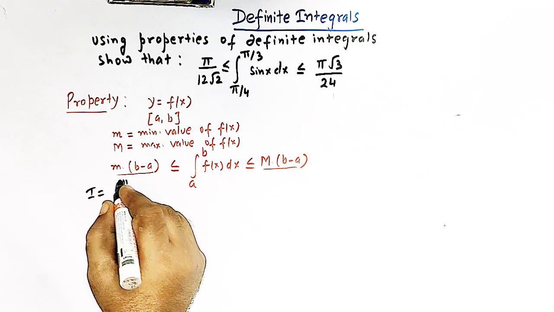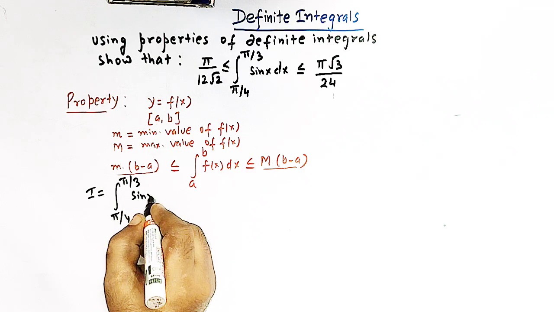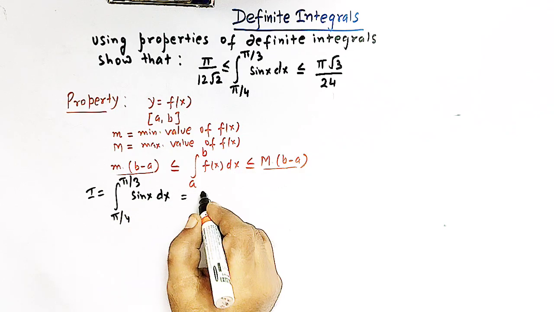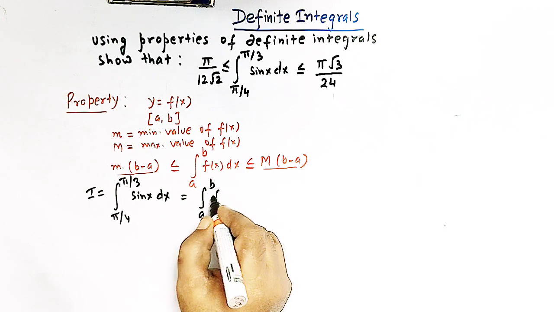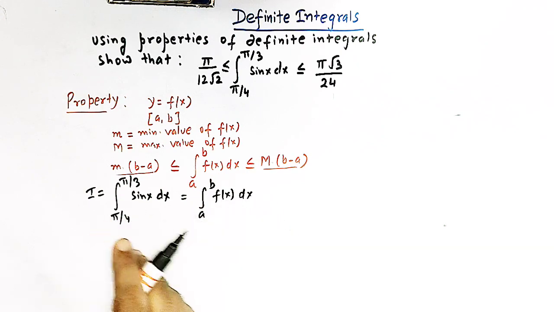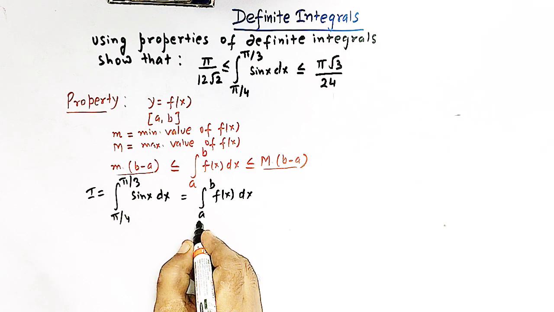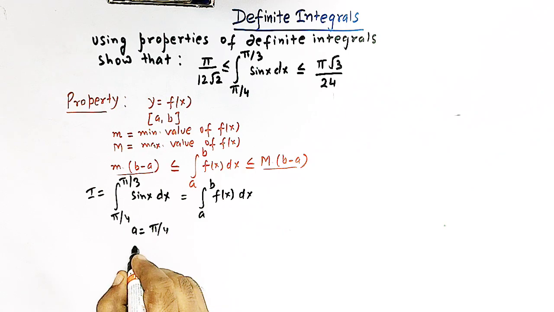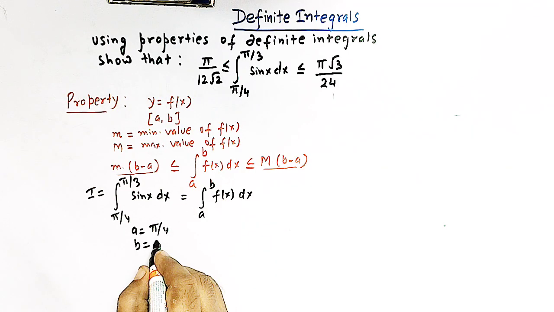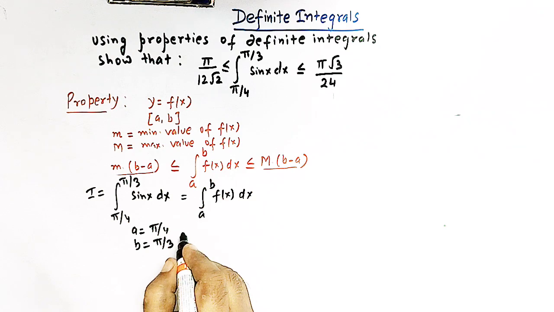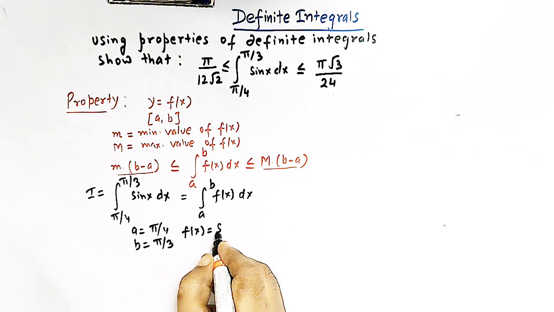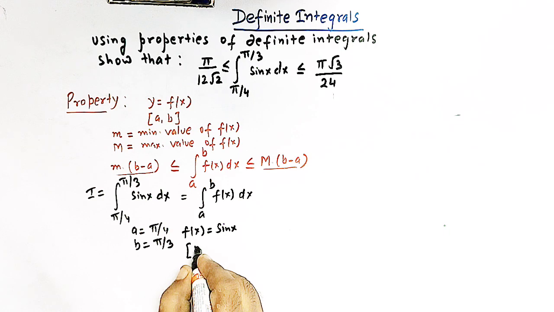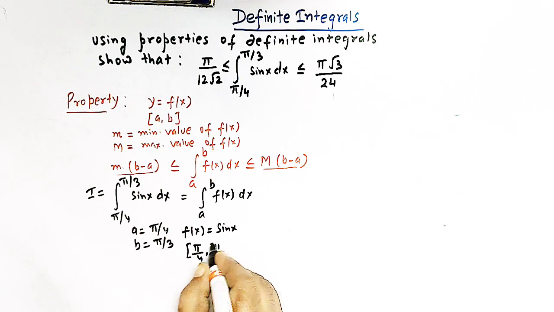So if we compare this integral with the integral from a to b of f of x dx, then we can easily see that the lower limit a is pi by 4, the upper limit b is equal to pi by 3, and the function f of x is the sine function, which is a continuous function in the interval pi by 4 to pi by 3, right?